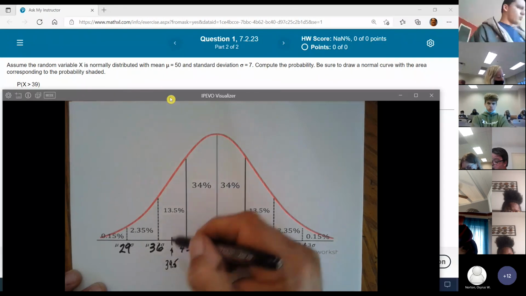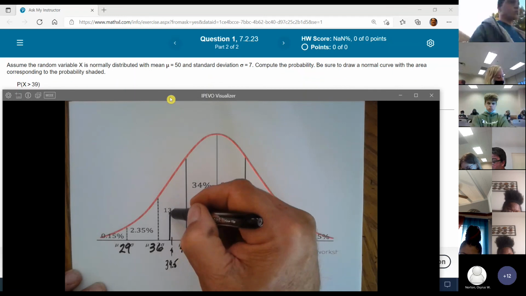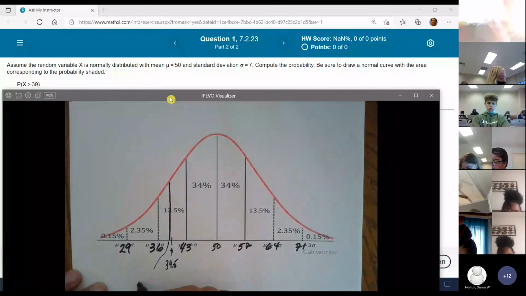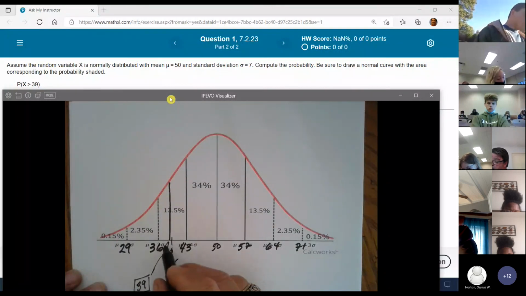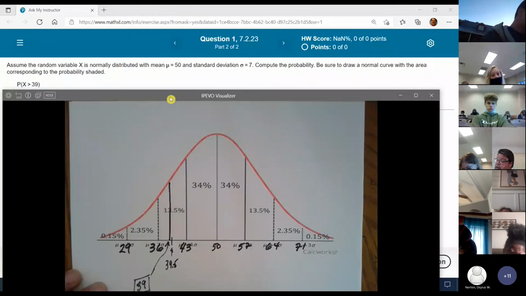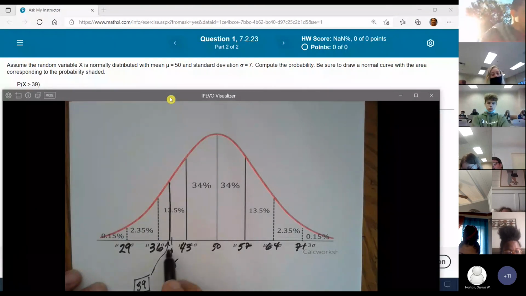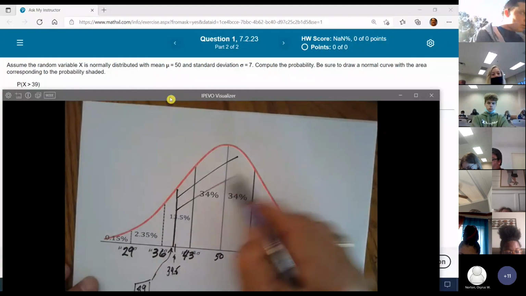So 39 would be right about here. It's going to be greater than -1.5, because they want the area to the right.